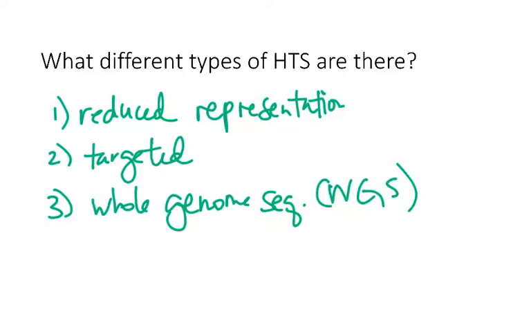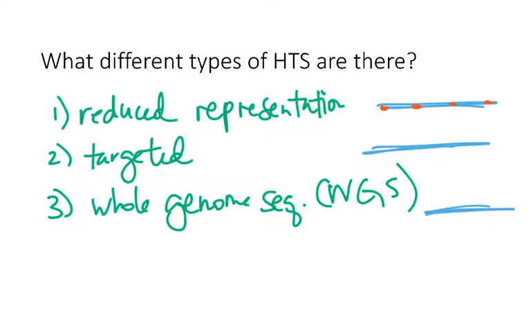Just as a quick overview of how these types of sequencing are different, say we have this hypothetical stretch of genome here. That's our entire genome. With reduced representation, what we're doing is sequencing little parts of that genome, but spread throughout the entire genome.